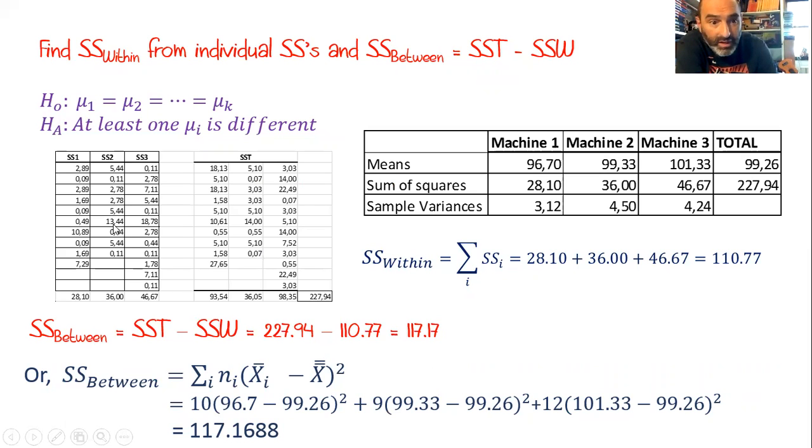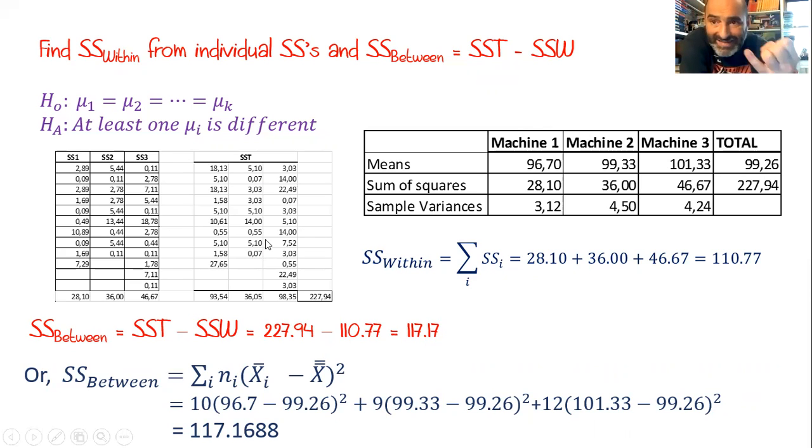How many times? 9 times, because I have 9 points here. The same for the third sample. 101.33 minus 99.26 squared up multiplied by 12 points, 12 times. If you sum them up, you get 117.1688, which is already very close to 117.17, just rounded up. That small difference, no problem.